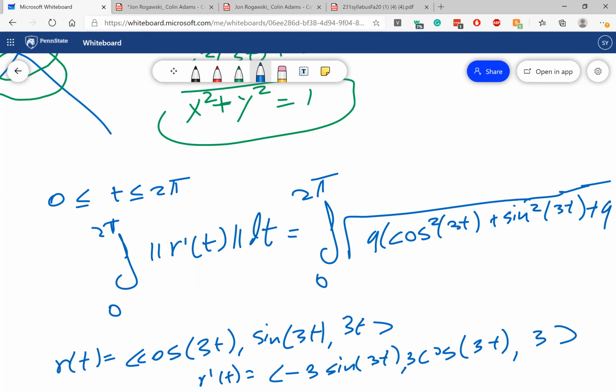And so this is 1. So this is the integral from 0 to 2 pi of the square root of 18, which is going to be square root of 18 times 2 pi.